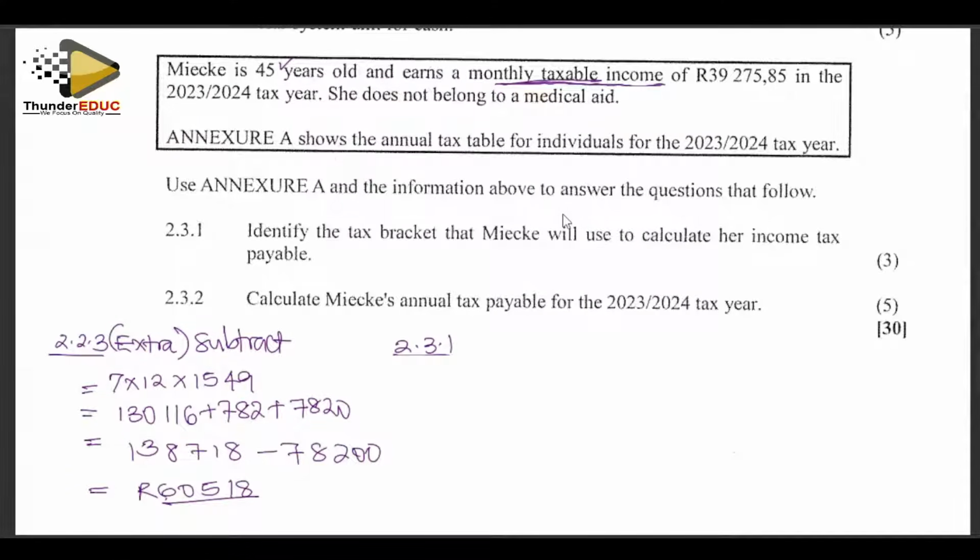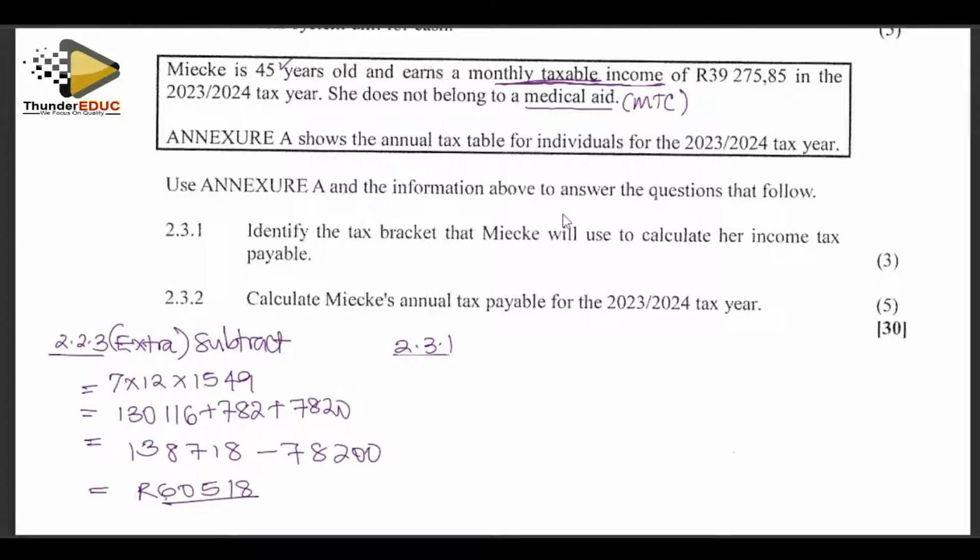She does not belong to any medical aid, so we shall not look for the medical tax credits. We don't need them. And the next, Annexure A shows the annual tax table for individuals for the 2023-2024 tax year. Here they're saying identify the tax bracket which Maki will use to calculate her income tax.